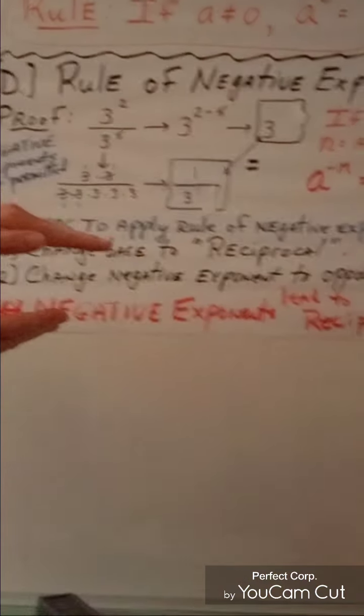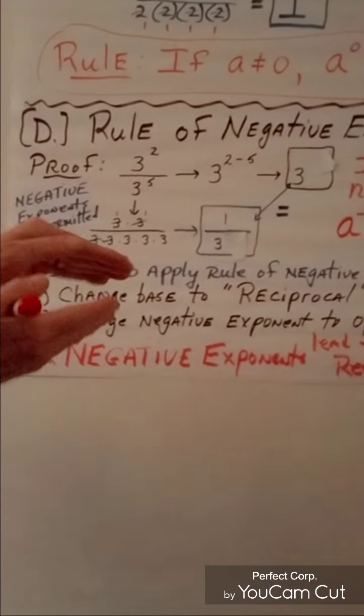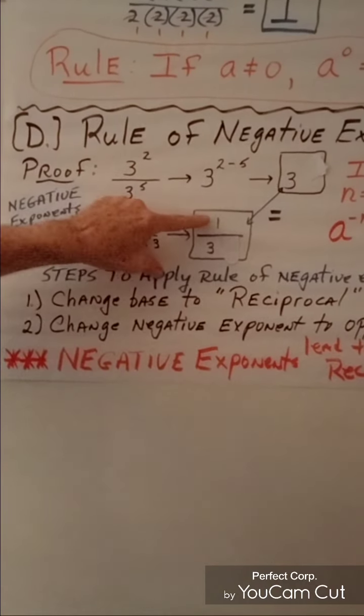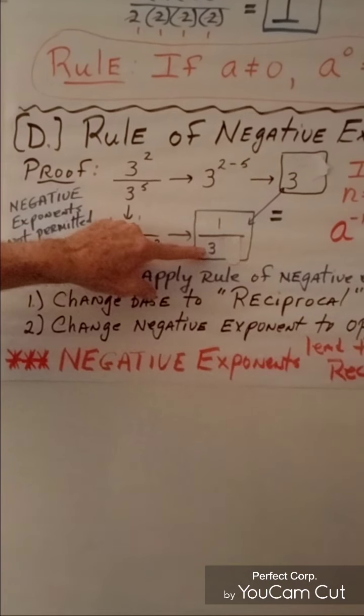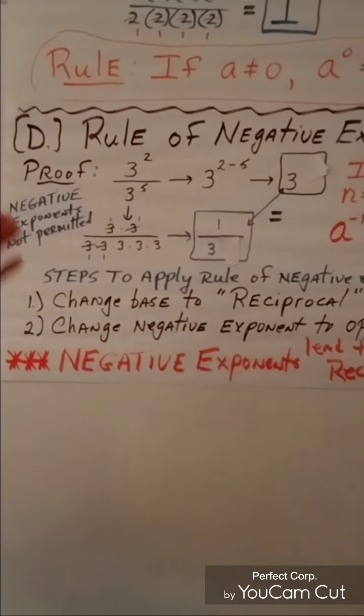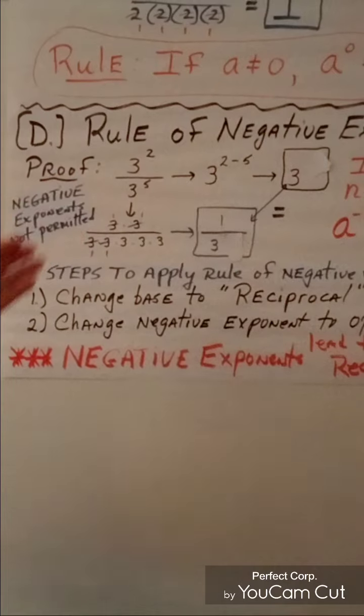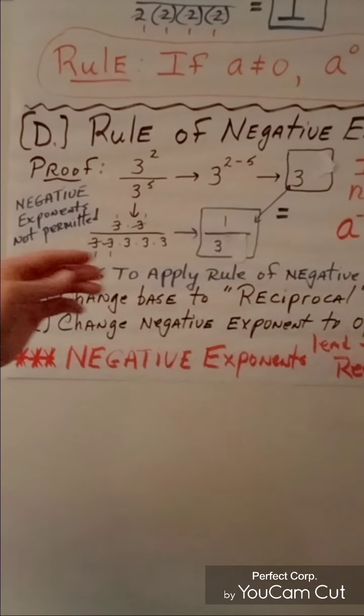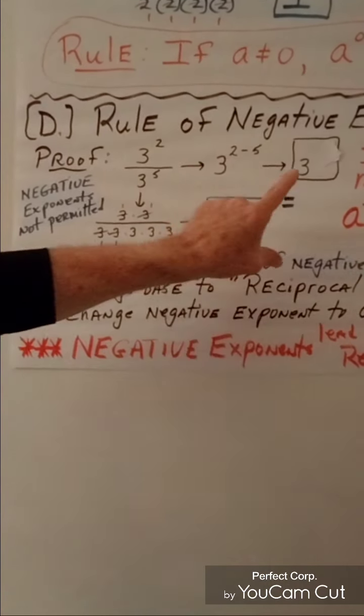If we take 3 over 1 and invert it, or reciprocate it, we'll get 1 over 3. So one key item that the rule of negative exponents tells us is the bases are reciprocals of one another.